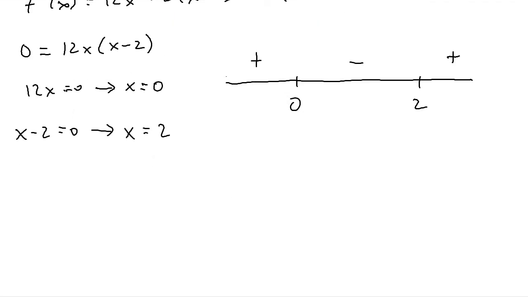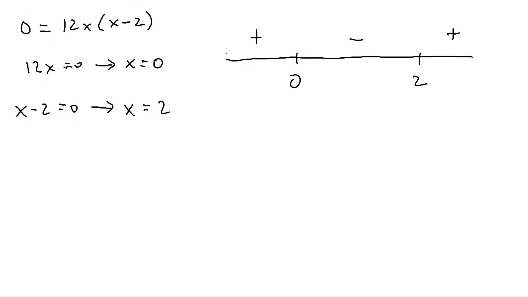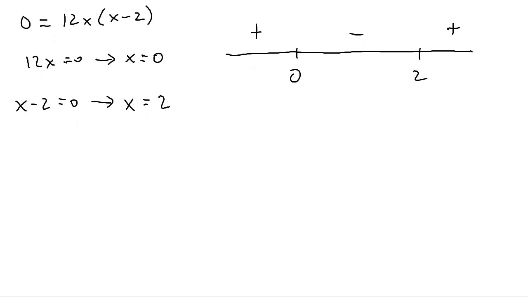So now that I have recorded my signs, I can say where f is concave up and concave down and its inflection points. Remember that it is concave up wherever f double prime is greater than 0, or positive. So if I put negative infinity there and infinity there, we know that it is concave up from negative infinity to 0 and from 2 to infinity, because that's where the second derivative is positive.